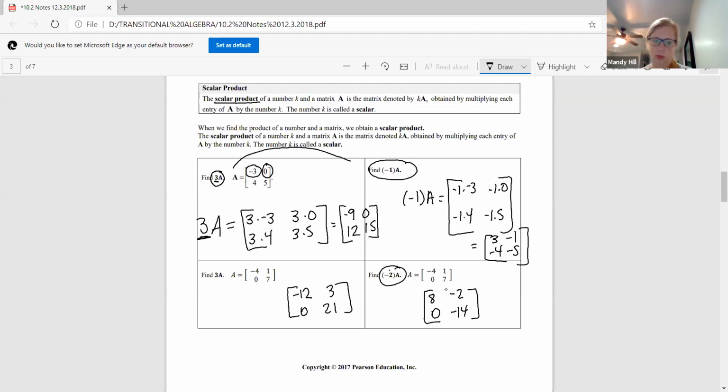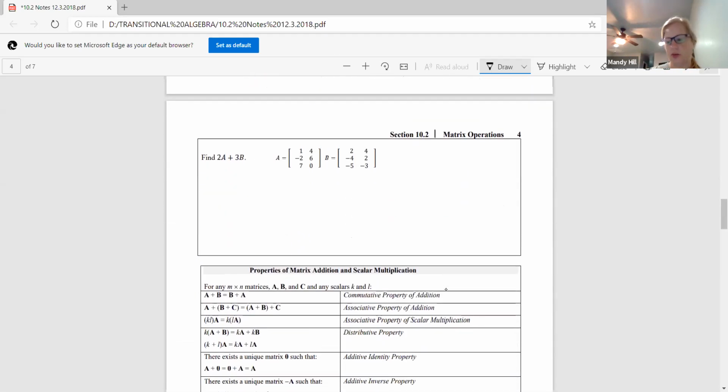Okay, and here's an example of something that when we start trying to multiply 2 by A, multiply 3 by A, then add them together. So this would be a good one to type in the calculator. If we let this be matrix A and this be matrix B. So I'm going to go to my calculator and do this real quick. You can do it by hand. If you did it by hand, you would just take everything in matrix A and multiply it by 2, everything in matrix B and multiply it by 3, and then add them together.